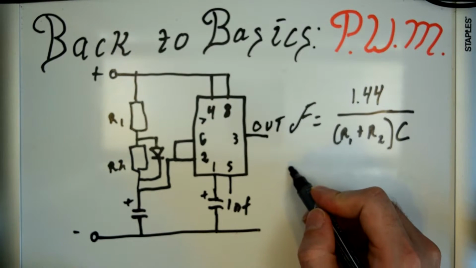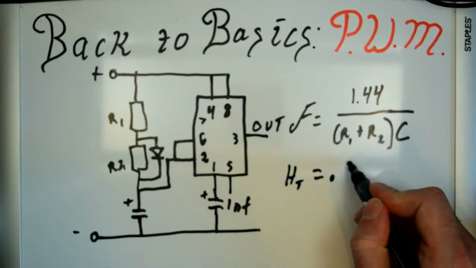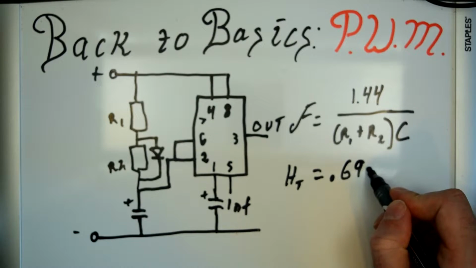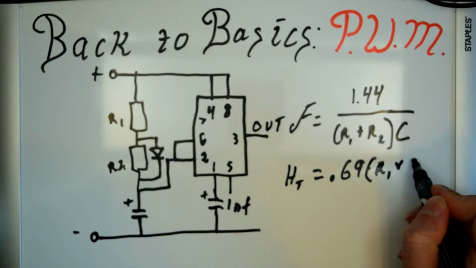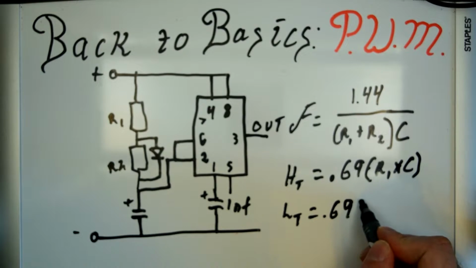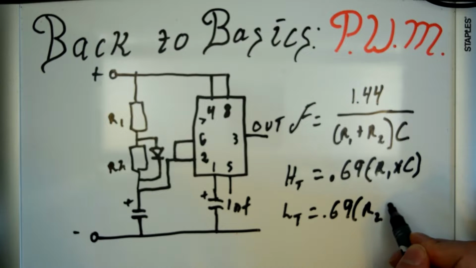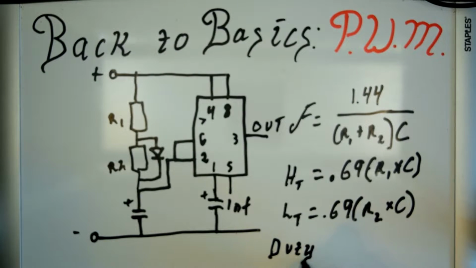Now, your high time is going to be equal to 0.69 times R1 times C. Your low time is going to be equal to 0.69 times resistor 2 times C. And last but not least, your duty cycle, the percentage of on time, is going to be equal to resistor 1 over resistor 1 plus resistor 2.